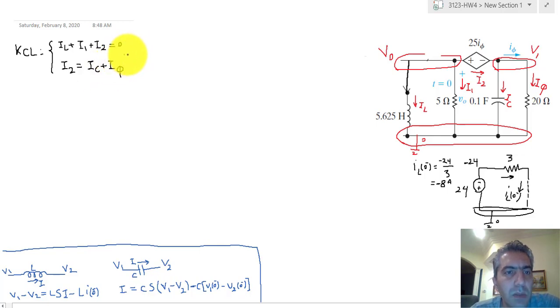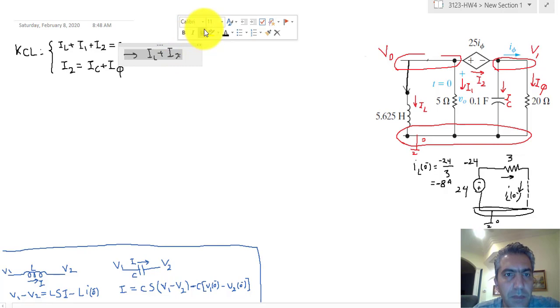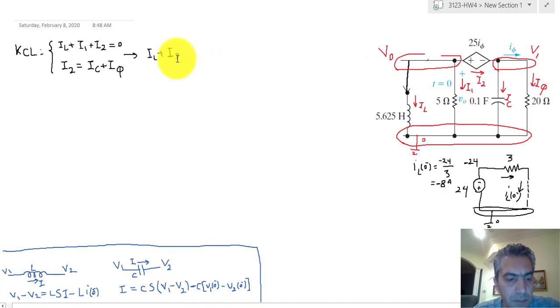Now from these two I can immediately conclude that IL plus I1, and instead of I2 I'm going to use this equation, so plus IC plus I phi is equal to 0.